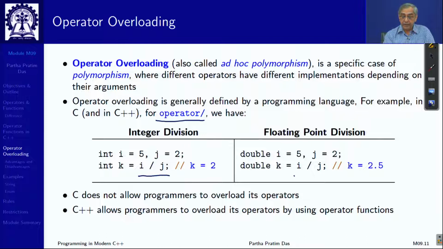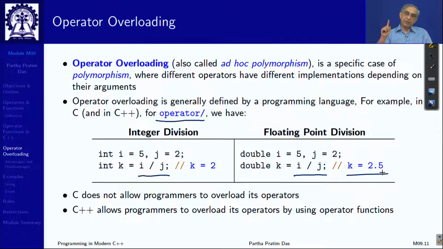Do the same with double types, the result is 2.5 because it is a floating point division. So syntactically, operator division actually has different meanings for different types. But in C, this is only allowed for the predefined types you have.